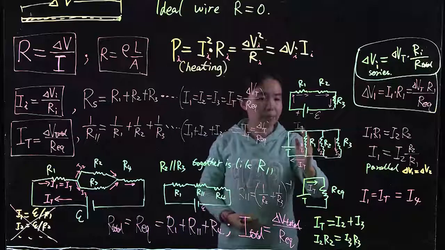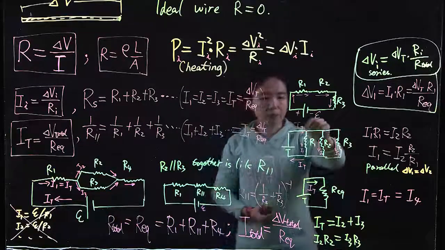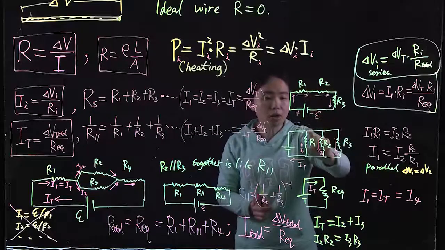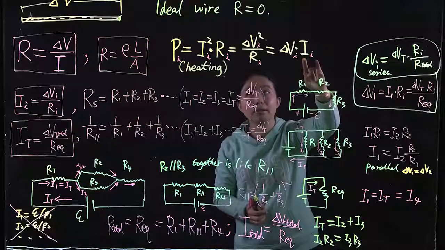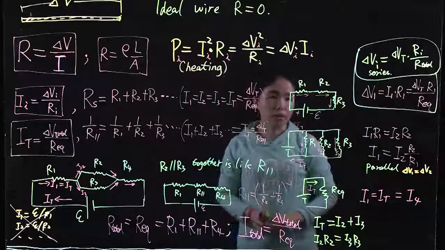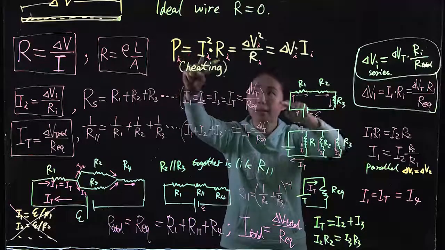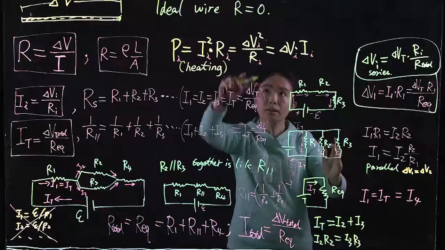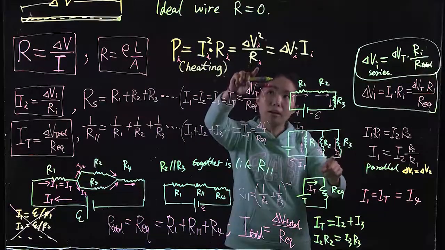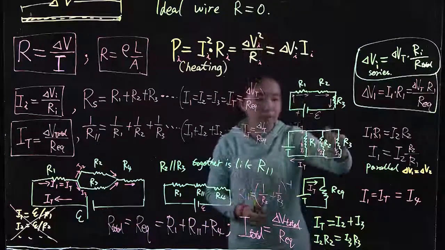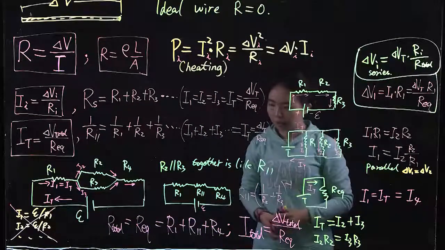When objects are in parallel, they will provide you the same amount of delta V. If you have a small R, you're going to have a bigger current, you're going to have a bigger power. So, in series, larger R, more power, same current. In parallel, larger R, small current, small power, because they have the same voltage difference.